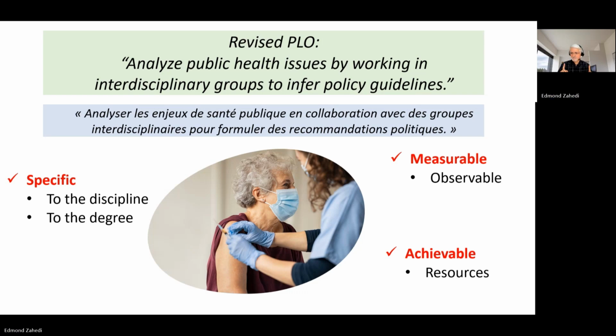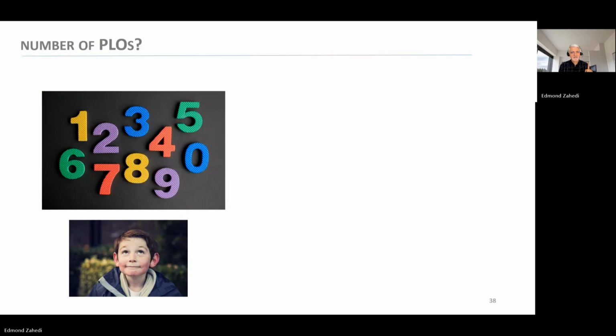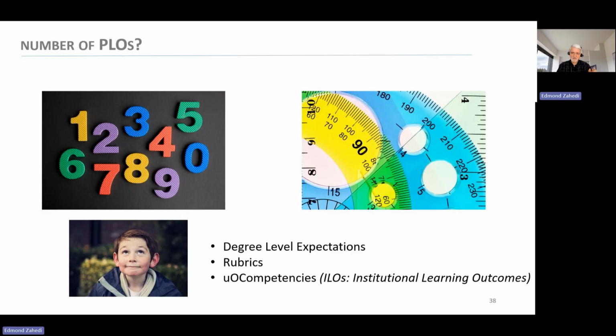Now, the question that I get all the time is, what is the right number of PLOs? It's an eternal question. To be able to answer this question, we are using a set of criteria, or rulers. It's not that we developed them; we have perfected them, maybe, but I was not the first to do that. First of all, we have the degree level expectations.